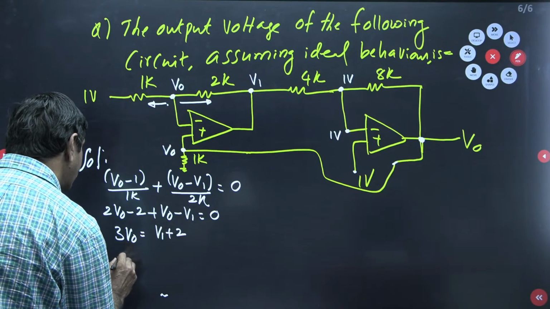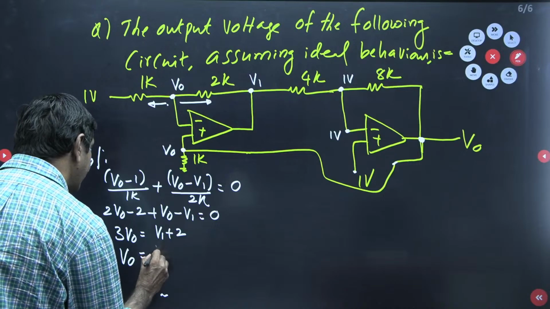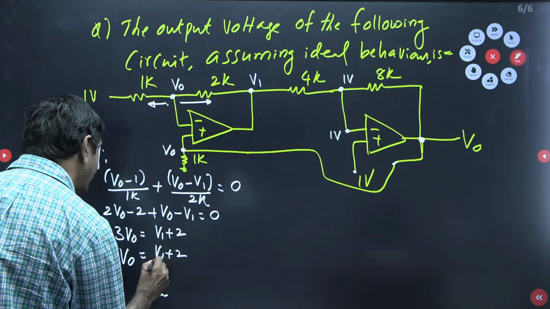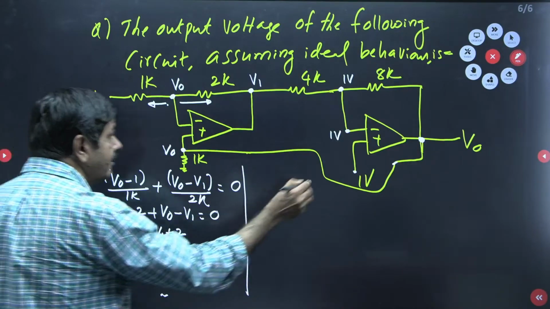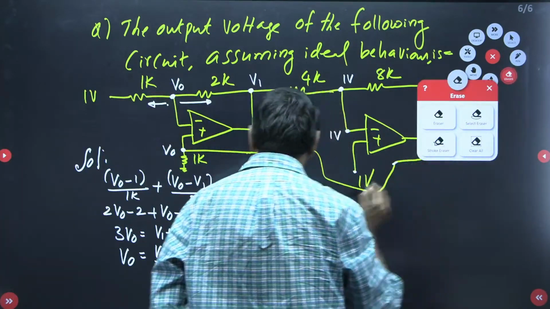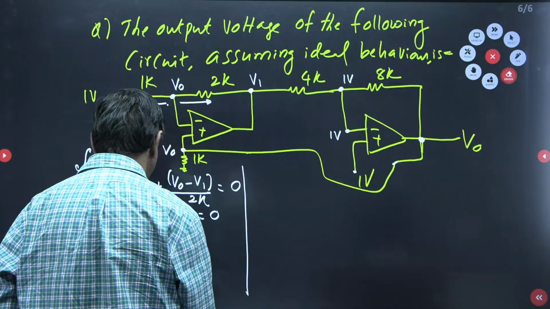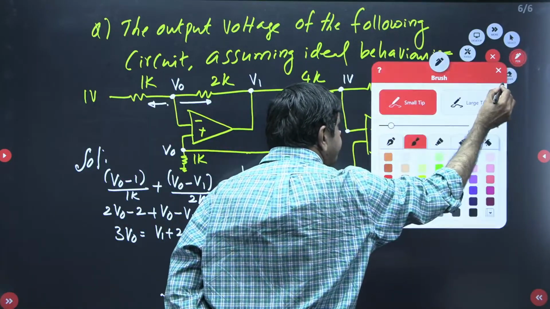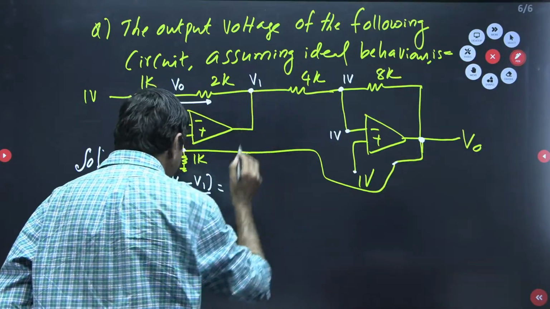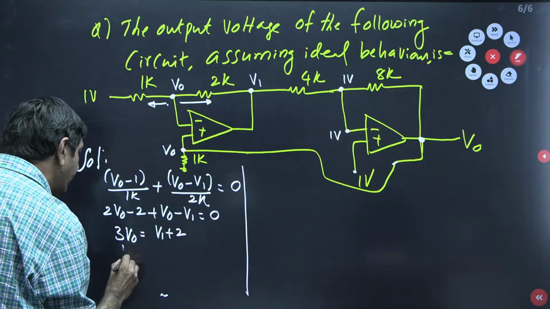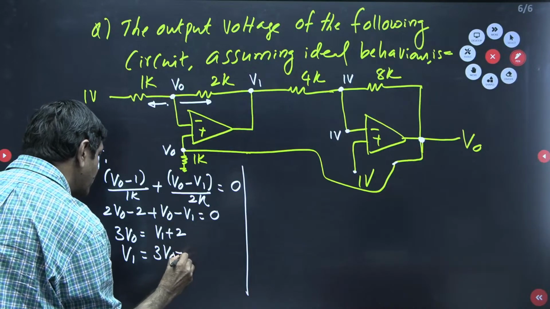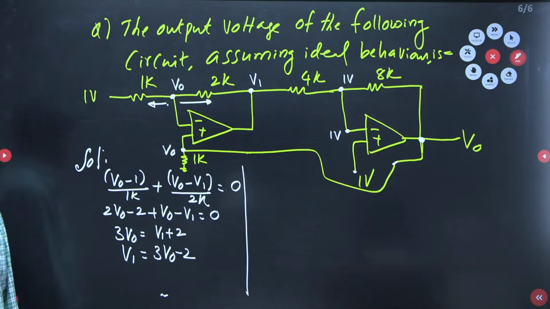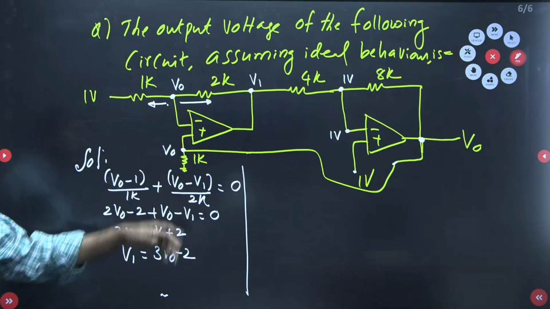I am in need of V1, because my aim is to find V1. V1 equals 3 V naught minus 2. That is the V1 value.